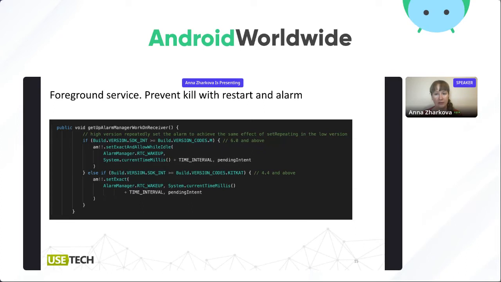And sometimes our users definitely don't know how to deal with it, but they suppose that our applications will work correctly. So in such situations, we need to provide the alarm manager to deal with several things, for example, to recreate or restart our service. Yes, it's really tricky. It's not a beautiful solution, but it works.